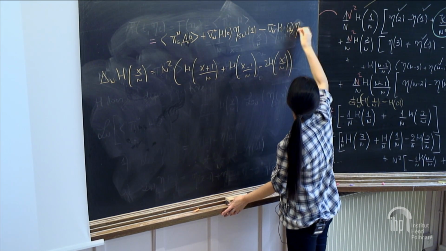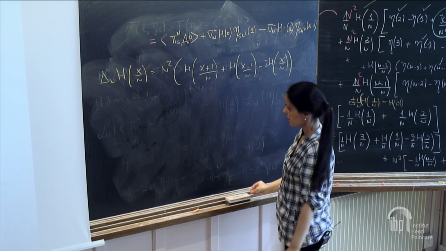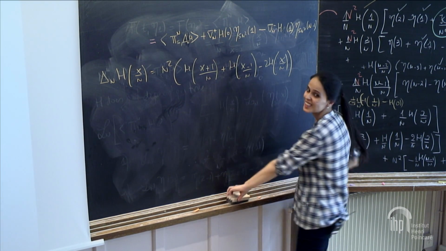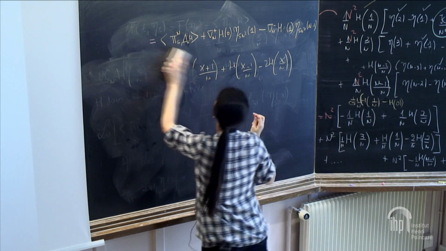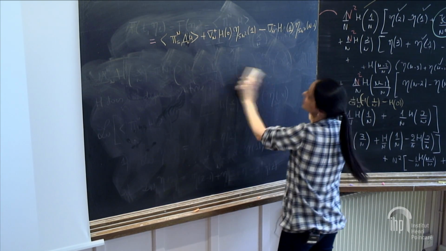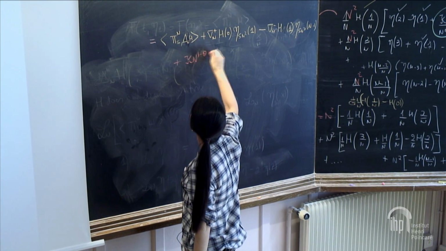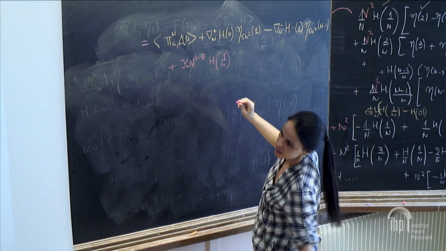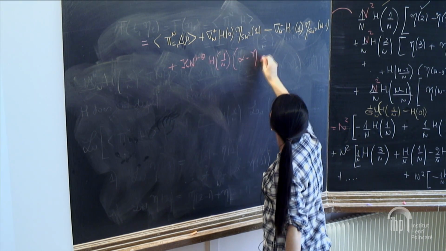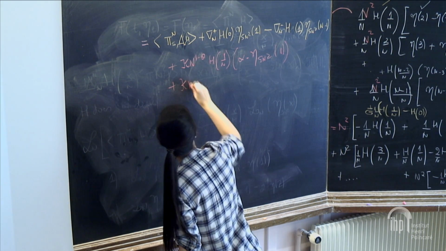And I have this eta s n squared n minus 1. Can I erase this Laplacian? Yeah, because it's in the middle. And then plus kappa n to the minus theta h at 1 over n, alpha minus eta n squared at 1 plus kappa.